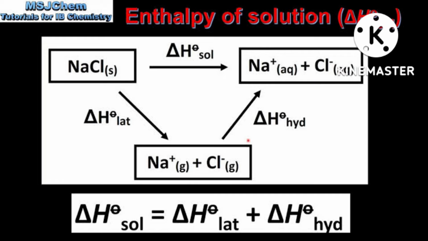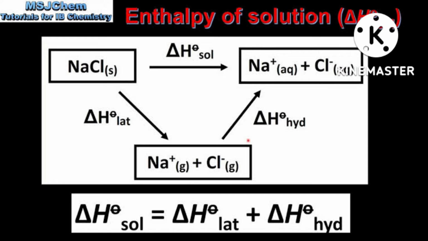For most of the ionic compounds, the heat of solution is positive. Why positive? Because heat is required to dissolve. That's why for most ionic compounds the heat of solution is positive and the dissociation process is endothermic.